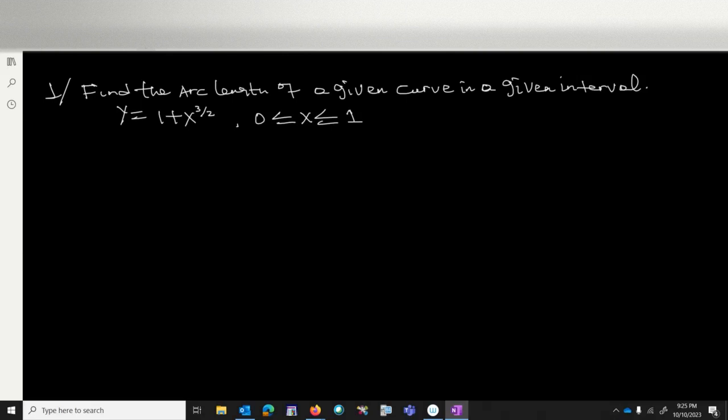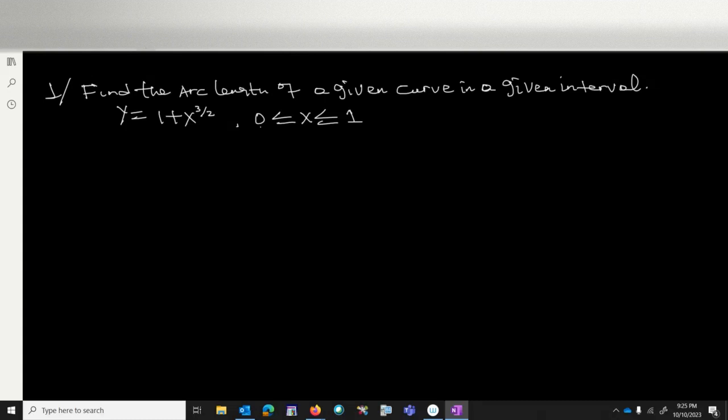So in this problem, I have the curve, and I will find the arc length of that curve over the interval 0 to 1. As always, we have to remember the formula to calculate the arc length.